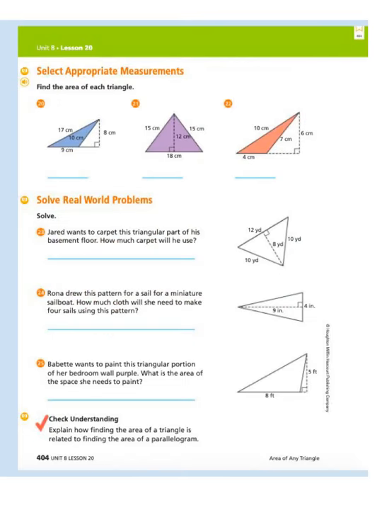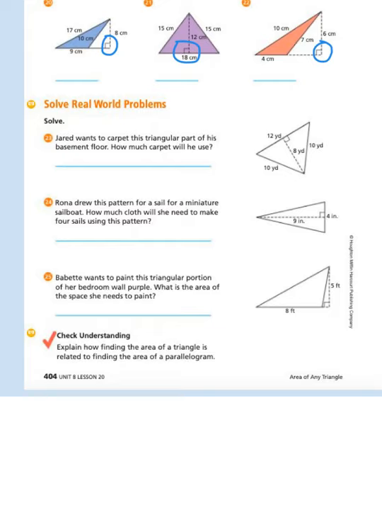All right, and for this we have select appropriate measurements, find the area of each triangle. So they give you the base, they give you the height, you just have to figure out what measurements do I have to use. Remember, those heights have to be where they have that 90-degree angle. And then for the rest of this, we have some word problems.